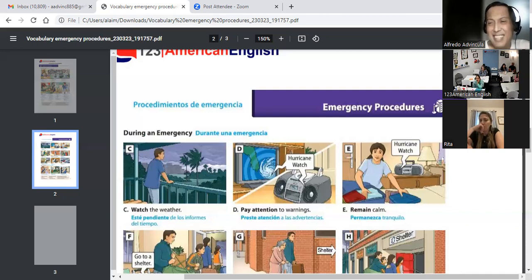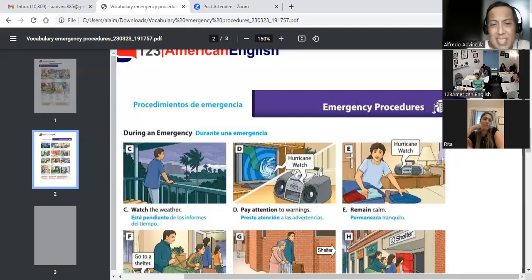Running, escaping. They might even tell you that during the warning. They'll say, hey, if you're in this area, it's mandatory now. You must evacuate, because they know how dangerous it can be.